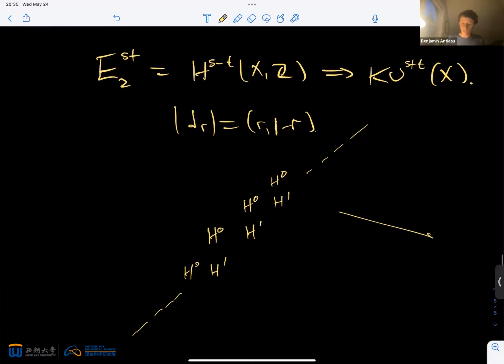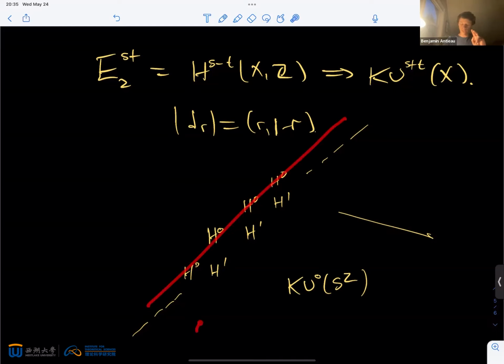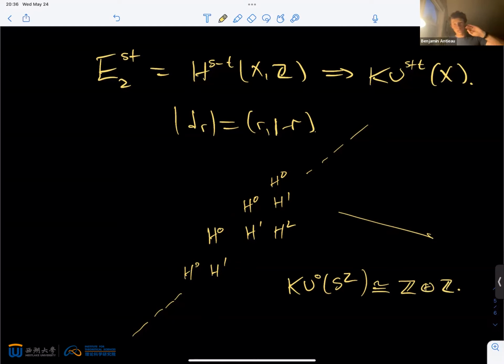You can easily use the spectral sequence, although this is not the best way to prove this, and it's probably somewhat circular, to compute KU^0 of S^2. For S^2, there's only two degrees of cohomology, so you'll have this line and this line corresponding to H^2. What you can prove is that this collapses and you get Z plus Z. That tells you that there's a non-trivial topological vector bundle on S^2.